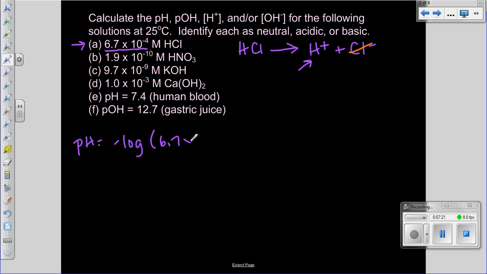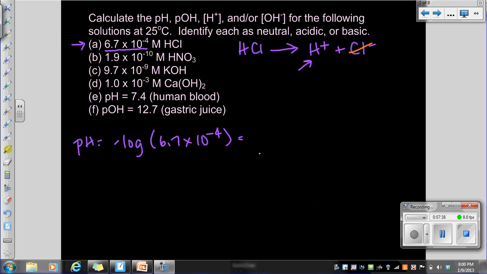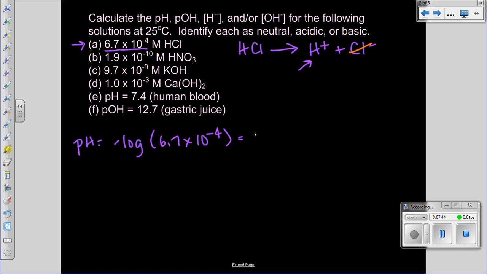So 6.7 times 10 to the negative 4th. On my calculator, I'm going to hit negative log of 6.7 times 10 to the negative 4th. And when I did that, I got 3.1739.